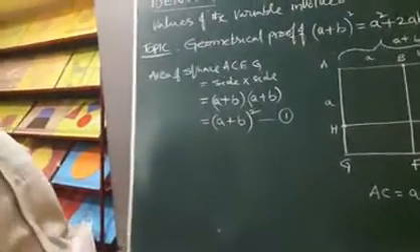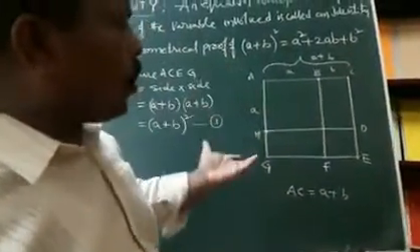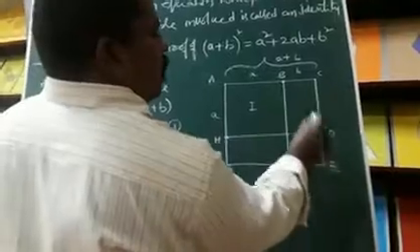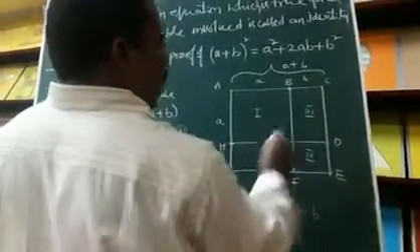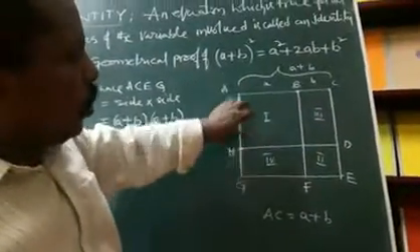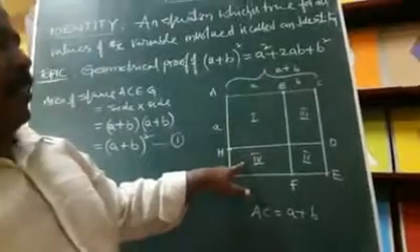Okay, see, children, this square divides into this is the first part, this is the second part, this is the third part, and this is the fourth part. Now see, this square divides into two small squares and two rectangles.